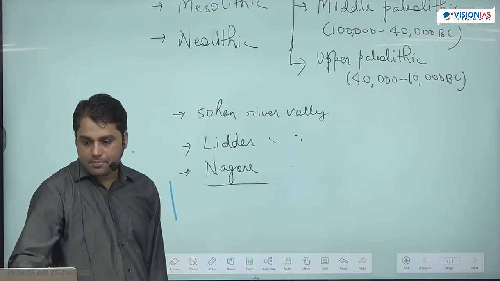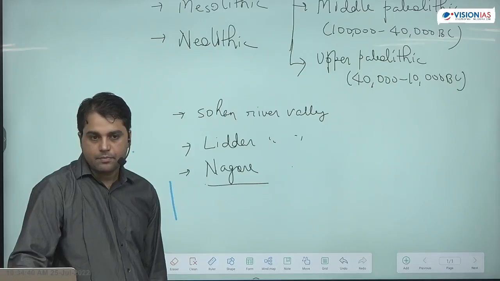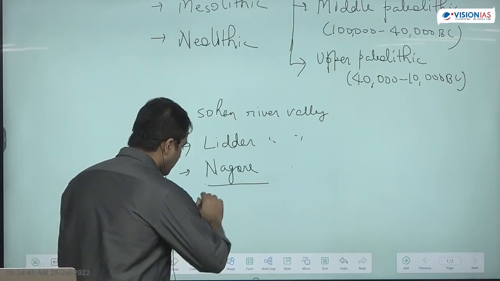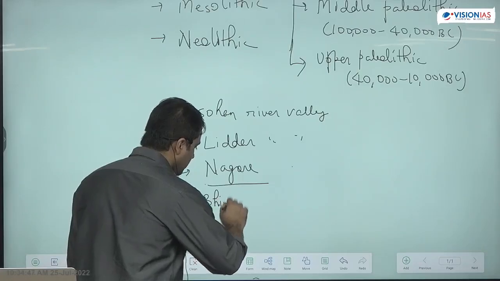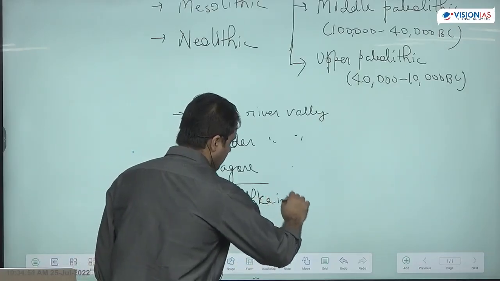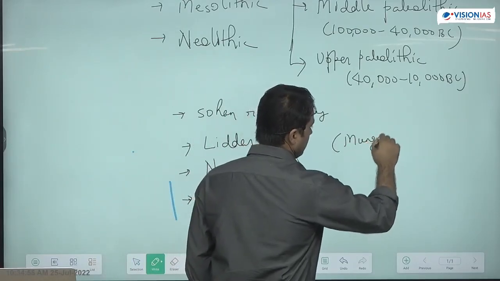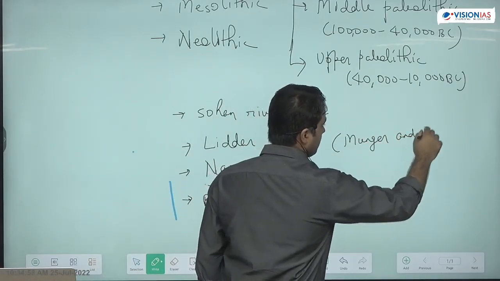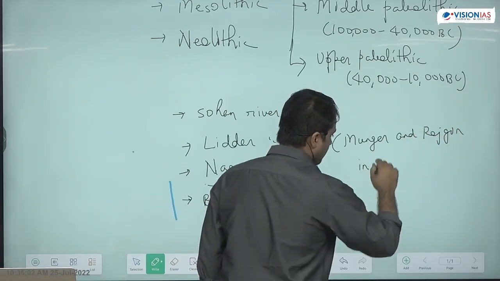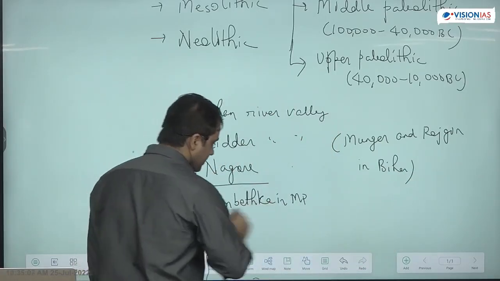Munger and Rajgir in Bihar. Bhimbetka in Madhya Pradesh.